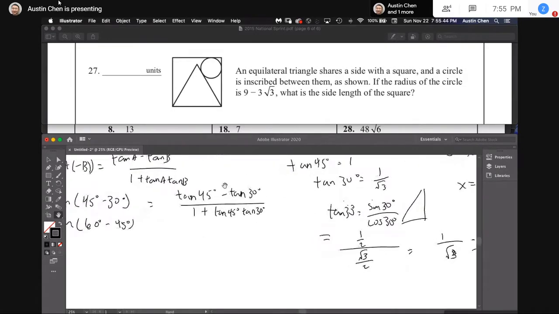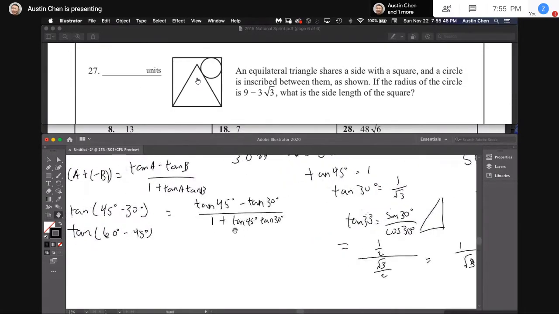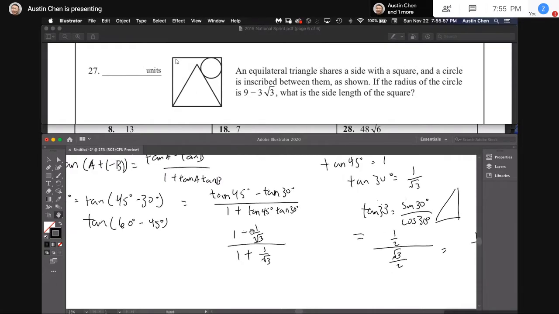Alright, so then we substitute our values into there, and then we will get this. Let's put these into just one fraction.